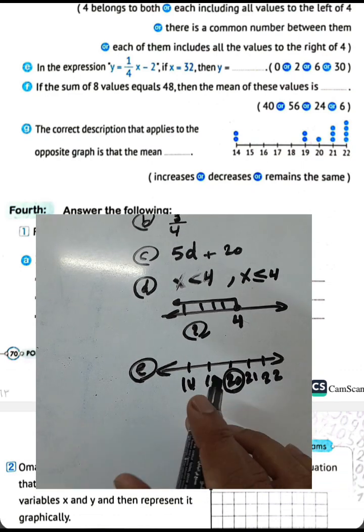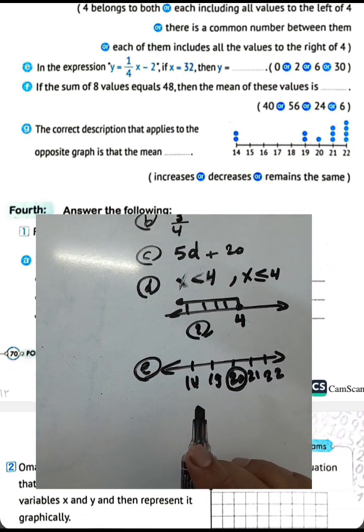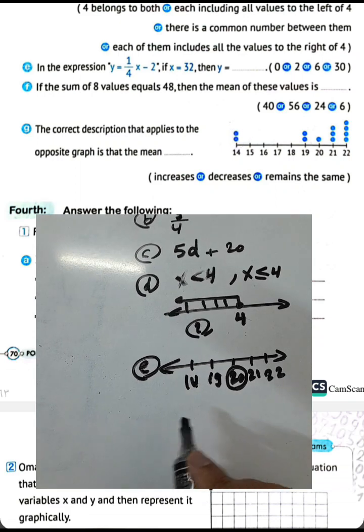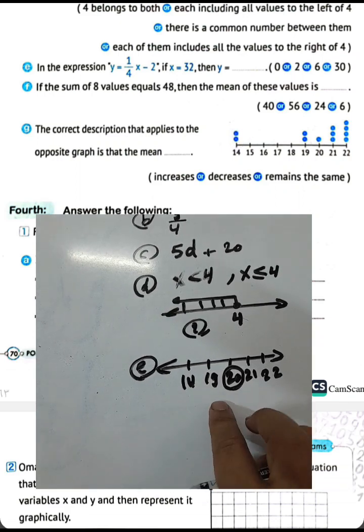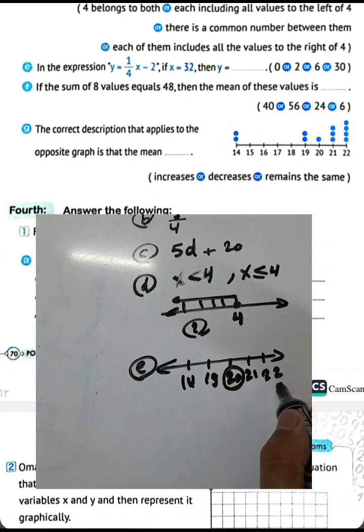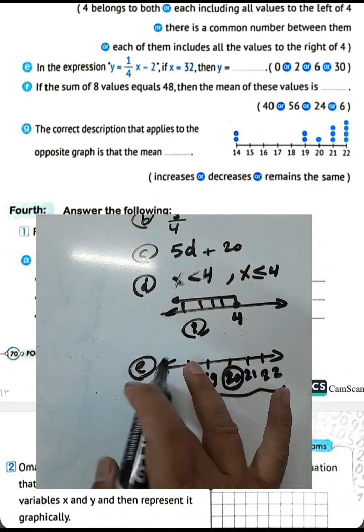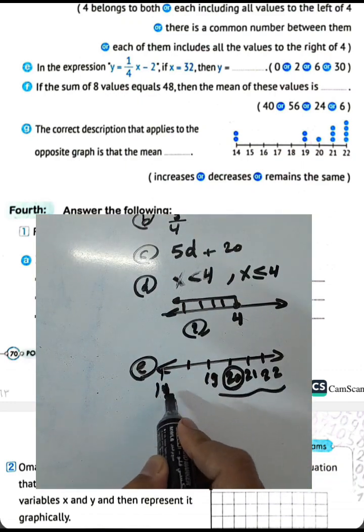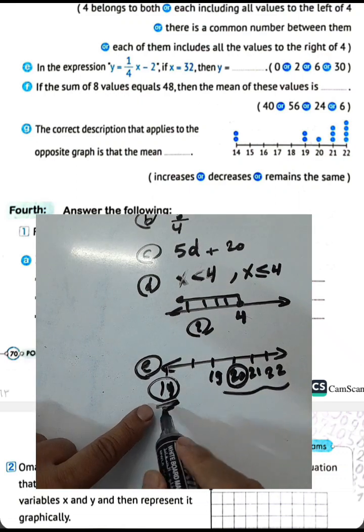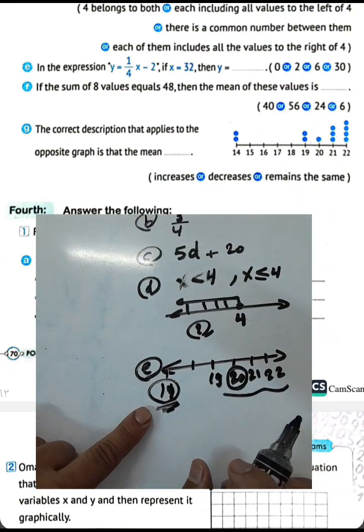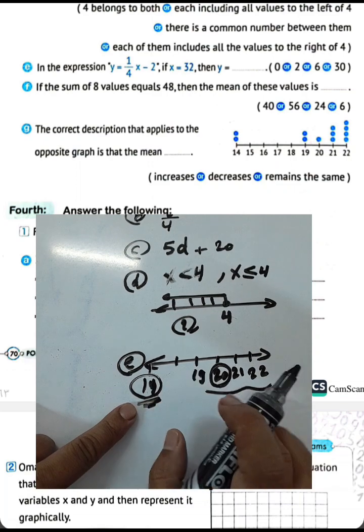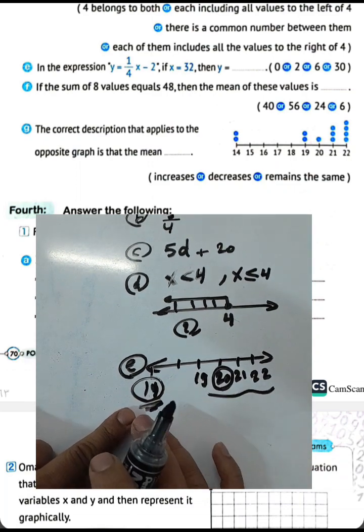We have the outlier 14, meaning the mean will decrease, because 19, 20, 21 are raised up, and 14 goes to the left-hand side. Here we have a lot of distance between this point and the other values, so the outlier coming to the left-hand side means the mean will be decreased.